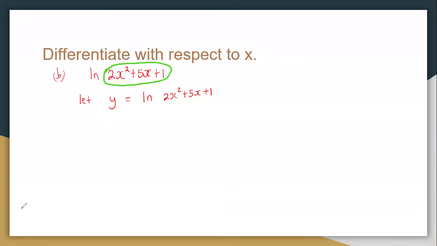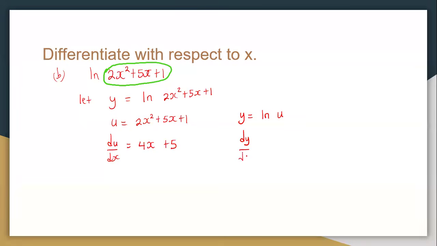So here you shall say my u is 2x squared plus 5x plus 1. And what is my y? My y will now be ln of u. So you differentiate. My du/dx will equal, you drop the power, 4x plus 5. When you differentiate a constant, you get 0.